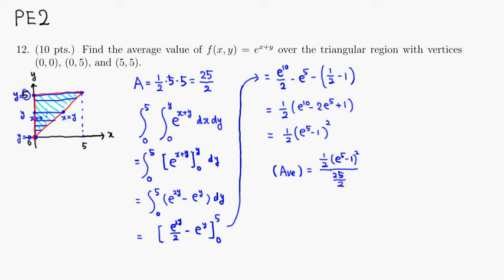Then we can just multiply top and bottom by 2, so the 1/2 cancels out. Therefore, we get e to the 5th minus 1, quantity squared, over 25. That's it. This is the average value. I hope that this was clear.